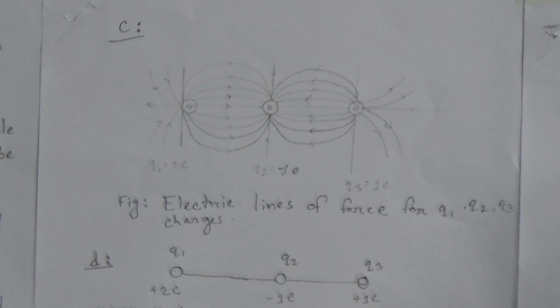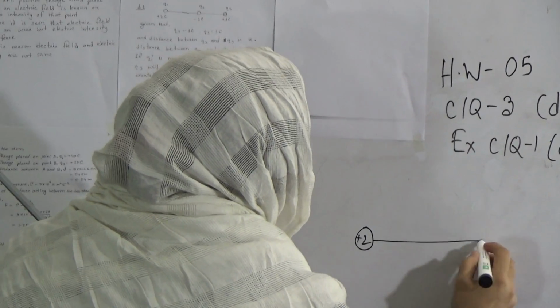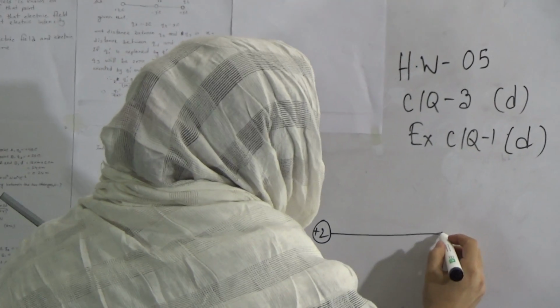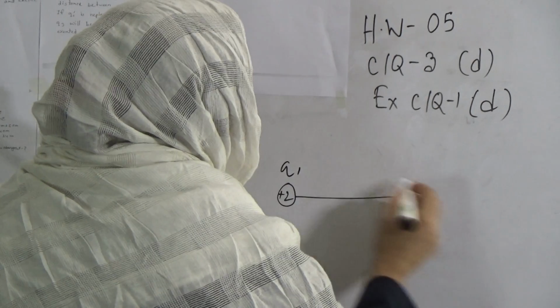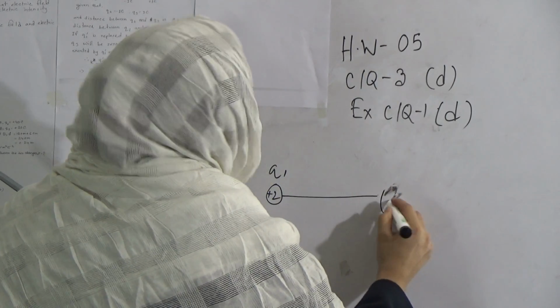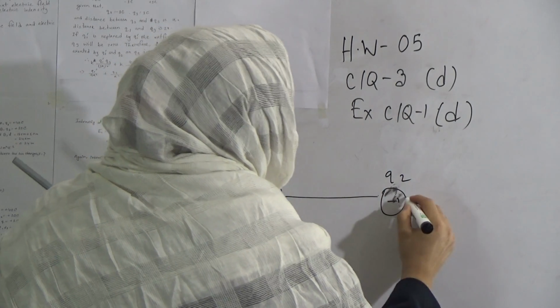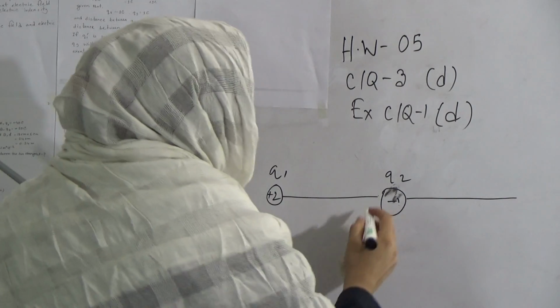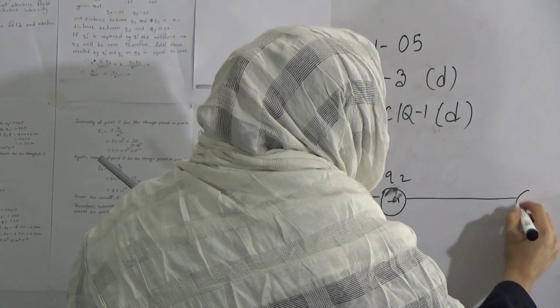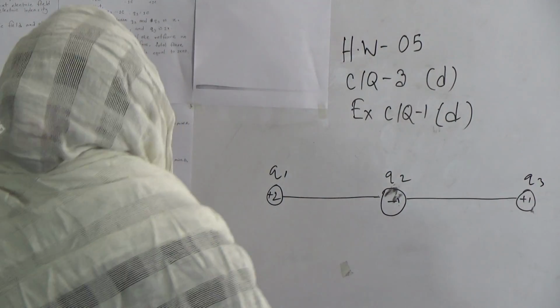Then at the same distance, sequentially, it will be Q2, that is minus 1 coulomb charge. And another charge, suppose this one is plus 1 coulomb charge, that one is Q3. Now you have to draw the lines of force.